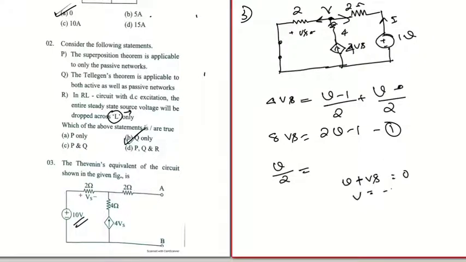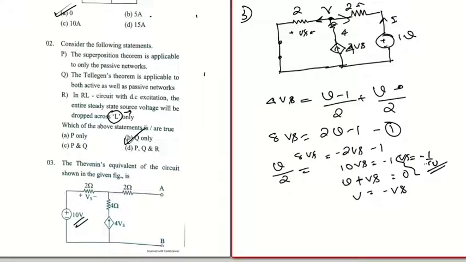So it will be V equal to minus Vs. So if I write it here, minus 1, it will be Vs equal to minus 1 by 10.